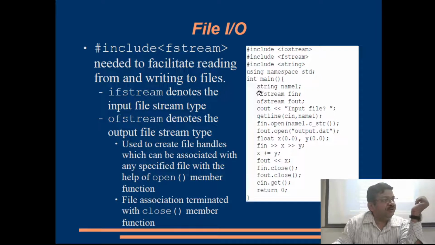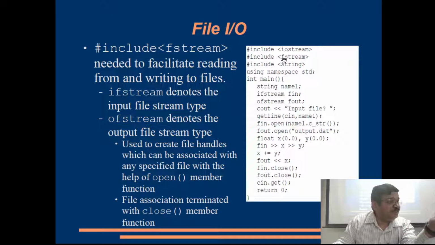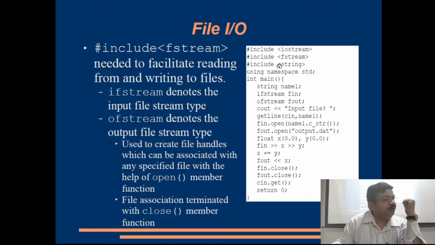So first include is standard iostream, basic input output stream. Next is fstream. That is, in addition to iostream, I also need functionalities related to accessing files on the computer. That is defined by fstream.